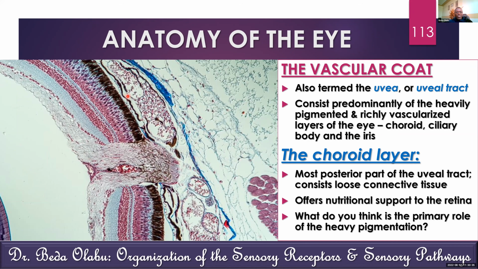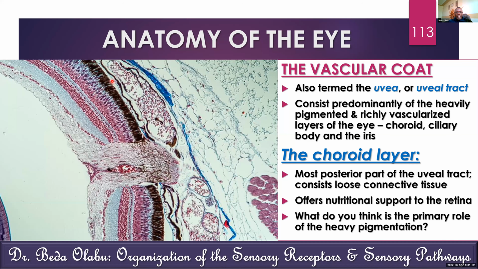The light being absorbed by the choroid is not the light that is useful in vision. If light enters the eye, it will go through the retina first. And so by the time it's going to the choroid, it has already been detected for vision. That light that lands in the choroid is supposed to be absorbed so that it does not reflect.